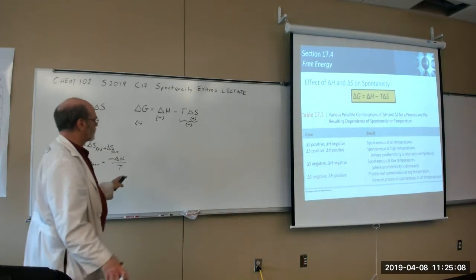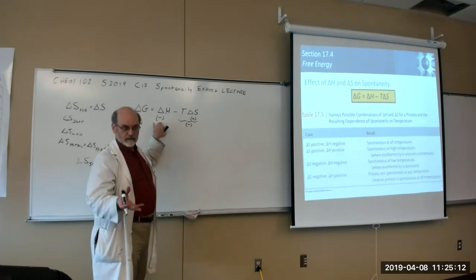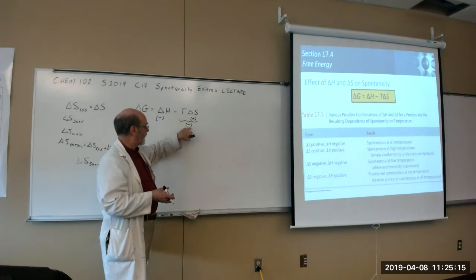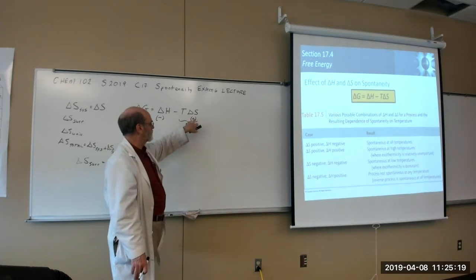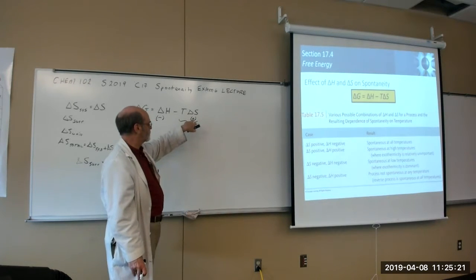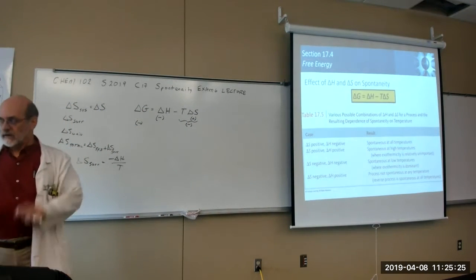All temperatures under these circumstances where delta H is negative, exothermic, and delta S for the system is positive, under those conditions, delta G is negative always.